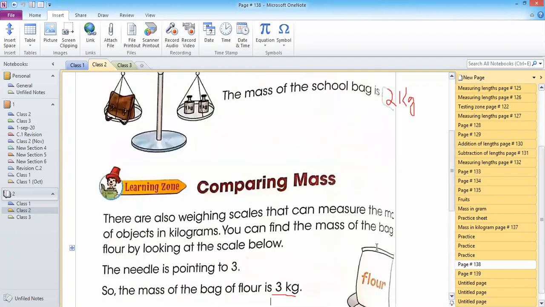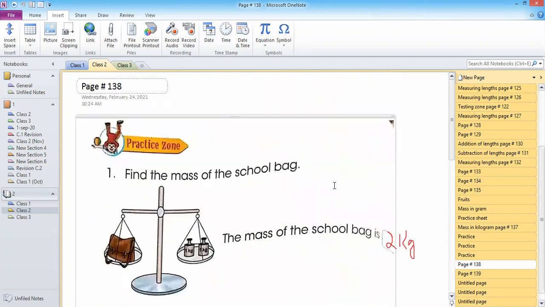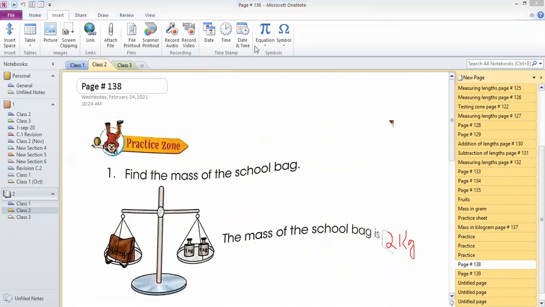We will discuss in detail. Take out your books, page number 138. Open page number 138. Did you open page number 138 of your book, guys? Yes, sir. That's very good.